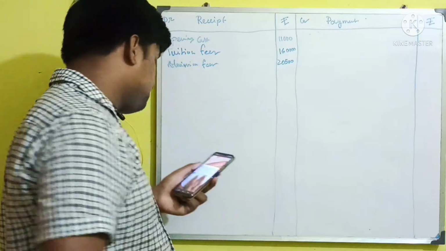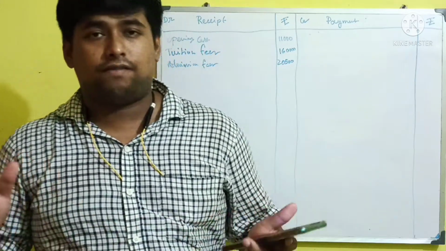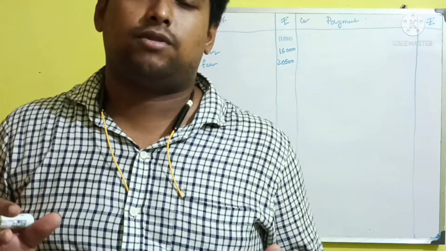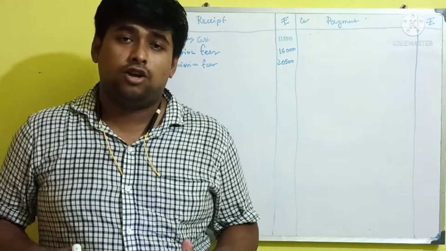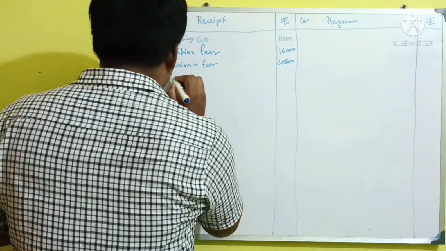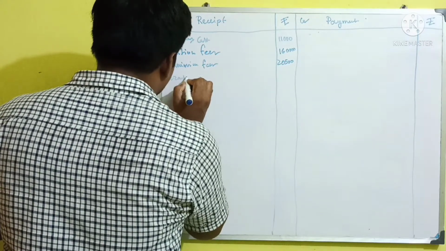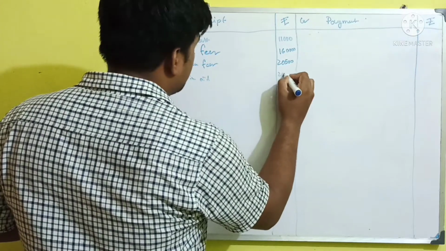Grant in aid. Grant means a fund which a college or non-profit organization receives for their development from another organization or another corporate sector. It is a grant. Grant in aid 2 lakh.